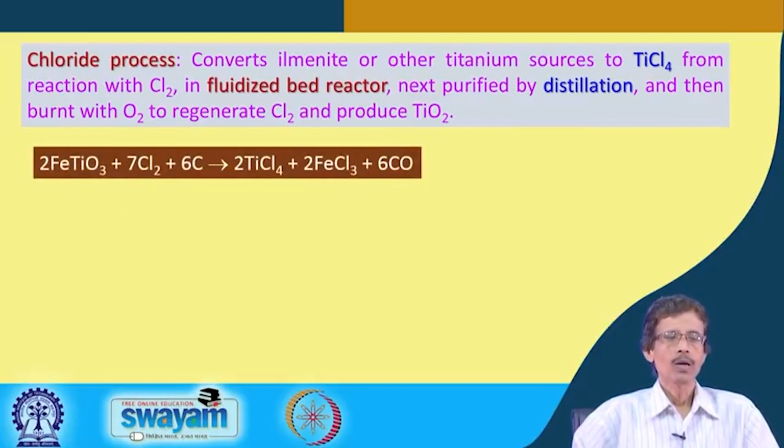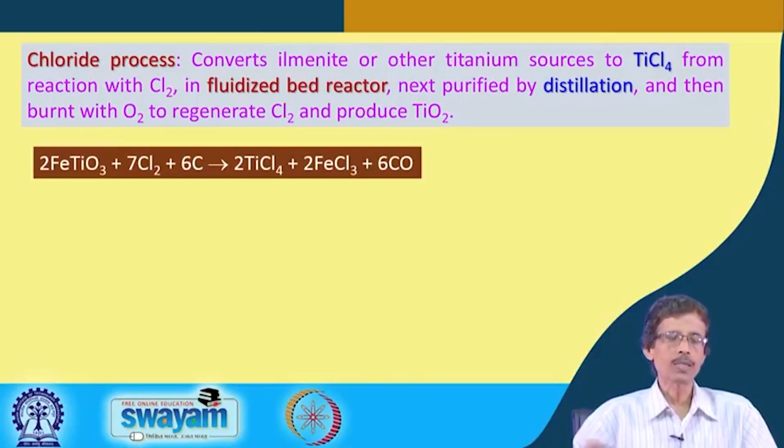So, this corresponding iron titanate, that means ferrous titanate, is Fe2+ TiO3, with titanium in the tetravalent state. So, when FeTiO3 reacts with chlorine and carbon, the iron is reduced fast, sometimes giving you the corresponding iron in the metallic form.